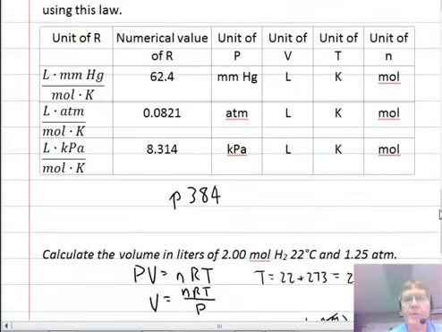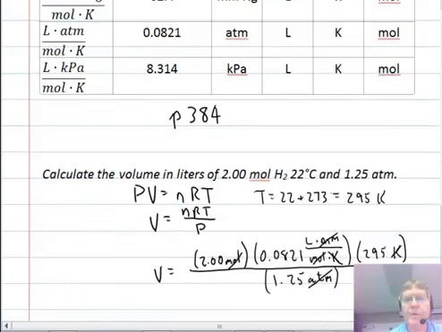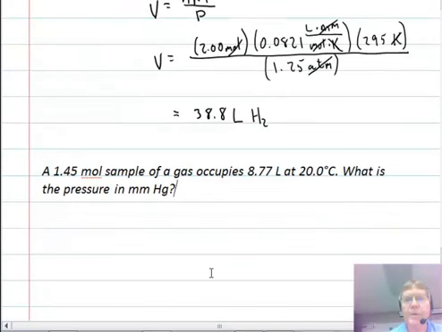We're being asked to use pressure in units of millimeters of mercury. And so we're going to use this first value here, 62.4, and that is liter millimeters of mercury per mole Kelvin. So coming back down here, first of all, let's change our temperature, because we're going to have to do that.